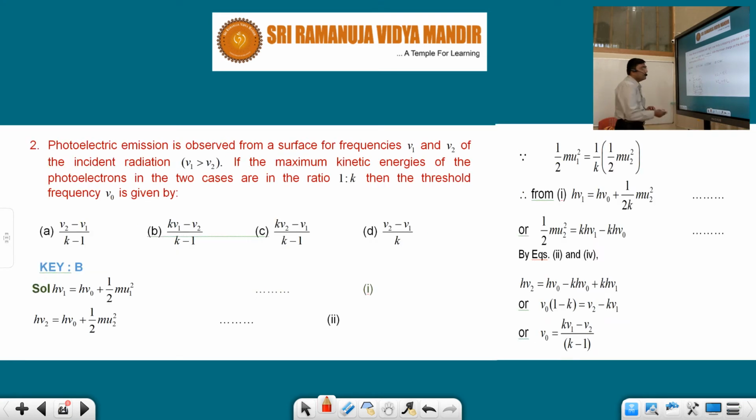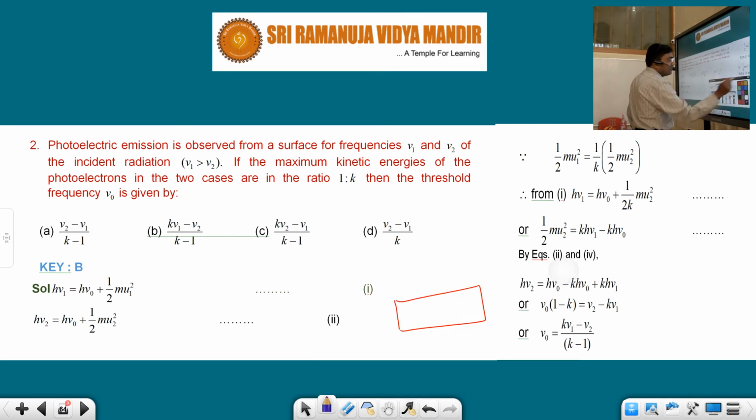Very simple question. Now this is a very important question. Photoelectric emission is observed from a surface for frequencies nu1 and nu2. So there are two frequencies. For example, if you draw a metallic surface, two frequencies are hitting it, nu1 and another frequency nu2.